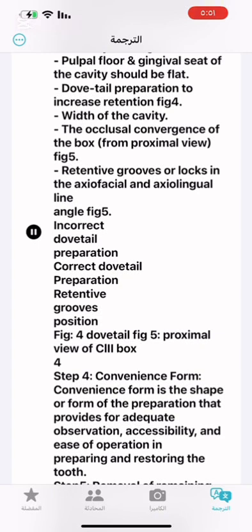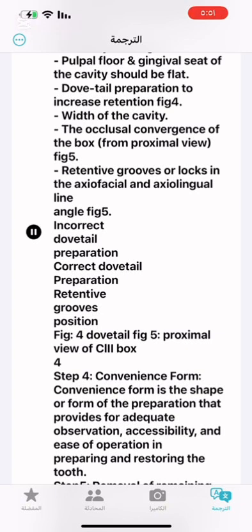Proximal box preparation. The objectives for extension of proximal margins are to include all caries, faults, or existing restorative material, remove unsupported enamel, and establish not more than 0.5 millimeters clearance with the adjacent proximal surface facially, lingually, and gingivally.